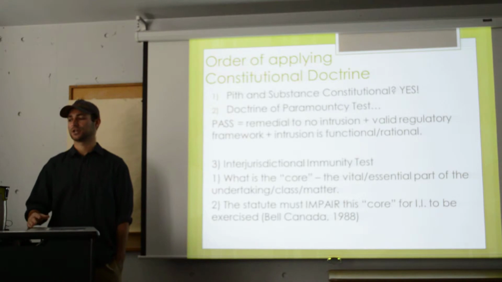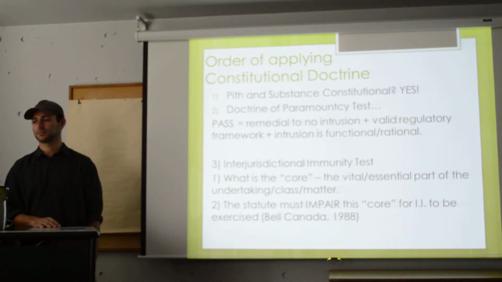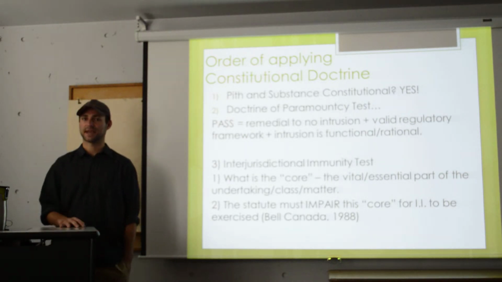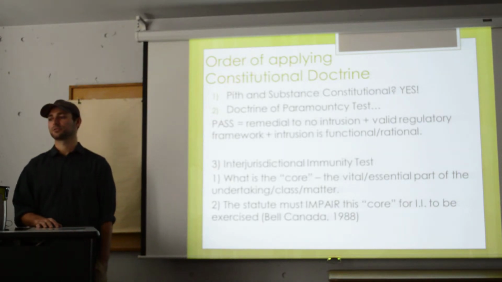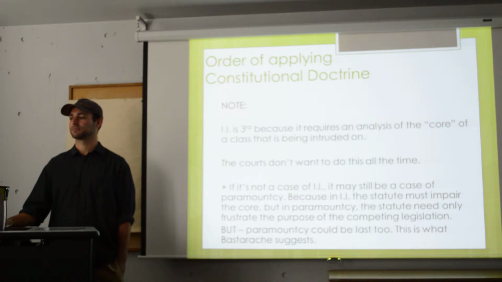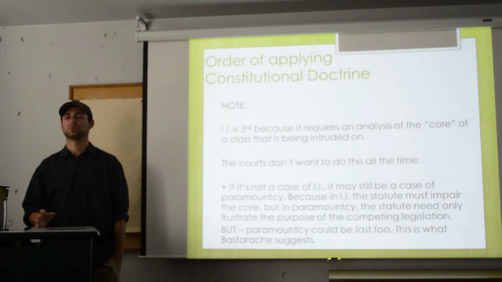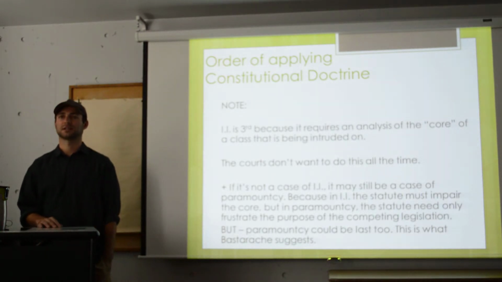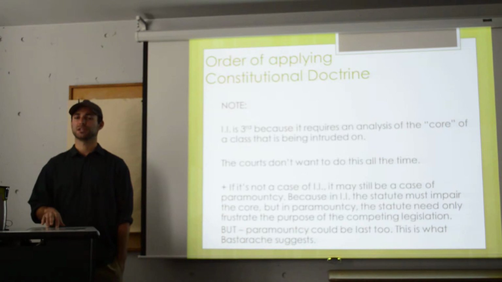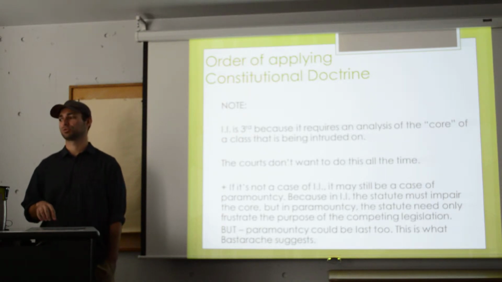And if it does, then it's read down to be inapplicable in the situation that is in front of us. And the reason they do this is the courts don't want to do this all the time. They don't want to determine what the core of a class in Section 91 or 92 is all the time. It's an onerous exercise that they would prefer avoiding.